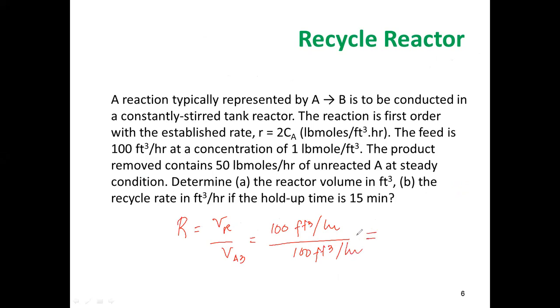So our recycle ratio in this case is 1. And notice that it doesn't have any unit. But when we speak of recycle rate, it has a unit of the volumetric flow rate. Okay, so you should be able to distinguish the two, recycle rate and recycle ratio. So that is why I chose this particular sample problem. That way you will have something to differentiate the recycle rate from the recycle ratio.